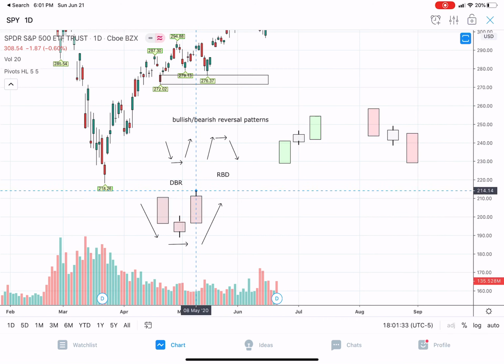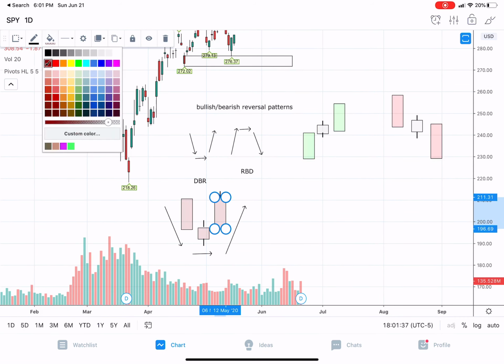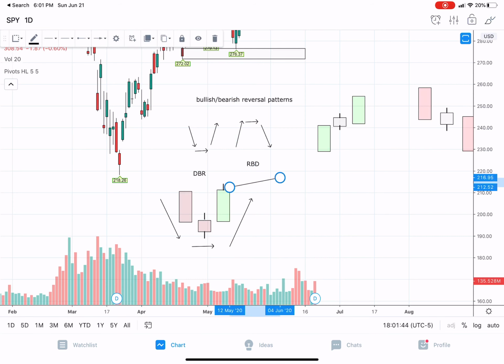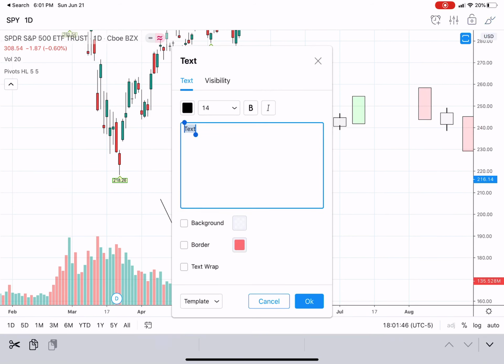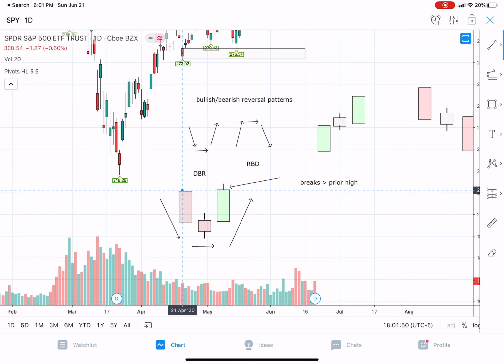So a drop-based rally is actually not really confirmed until you get a break over the prior high. Let's call this the prior high.